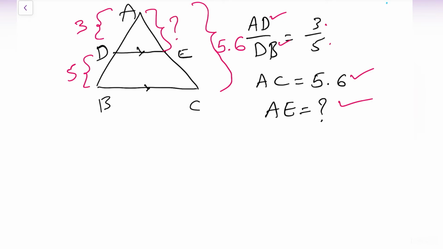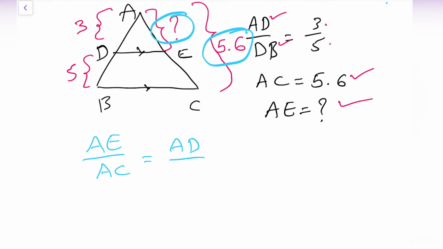If we observe the right side of the triangle clearly, the upper one and the total are there. So that logic I am using: upper one by total. Right side, if we take the upper one, that is AE by total AC, equals the left side upper one AD divided by the left side total, which will become AB.